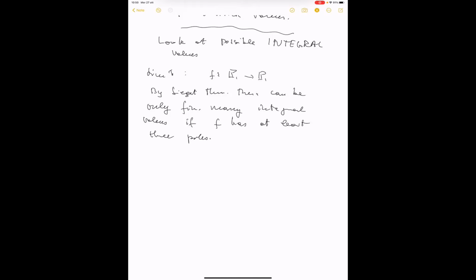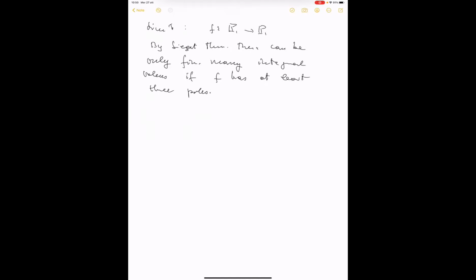This is a very elegant result by Siegel, a consequence of his general theorem on integral points of curves. So if we have a rational function of one variable with 3 distinct poles, it may attain only finitely many integral values at rational points. And this 3 is optimal, in the sense that we can find maps with only 2 poles and infinitely many integral values, and the Pell equation provides such examples.